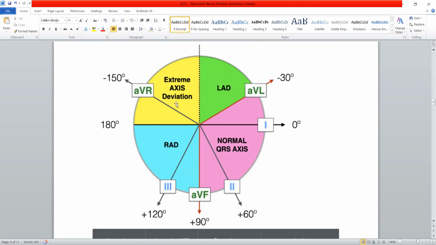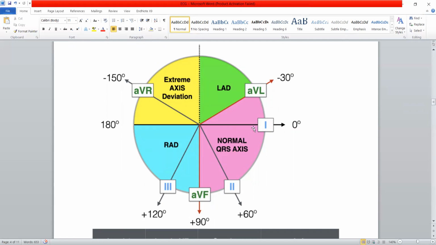In extreme axis deviation, the current will flow like this, away from lead 1 and away from lead AVF.